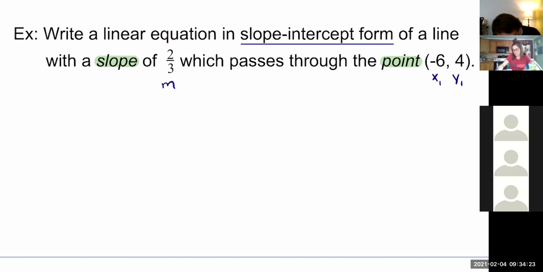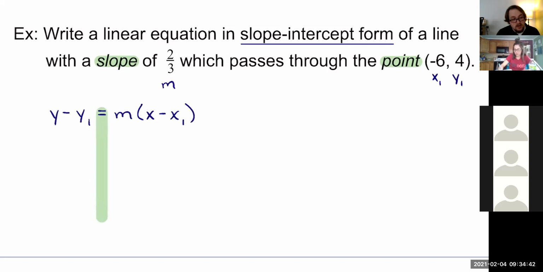Now from there, I'm going to remind myself that point-slope form is y minus y1 equals m times x minus x1. And I'm also going to go ahead, just to keep my eyes straight, put my little guideline in there so my equal sign doesn't accidentally jump about. Now, overcome the temptation just to fill every variable.